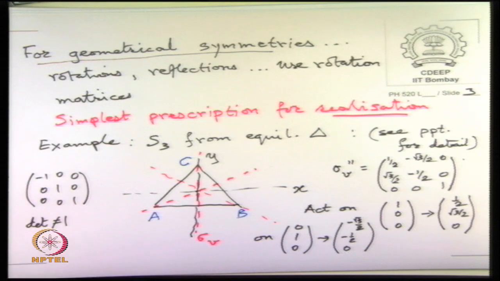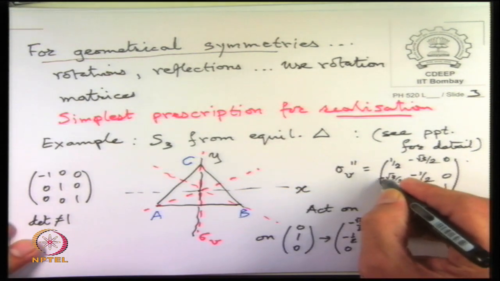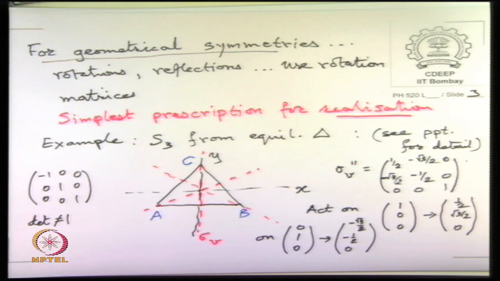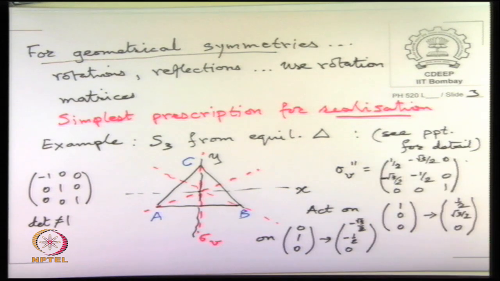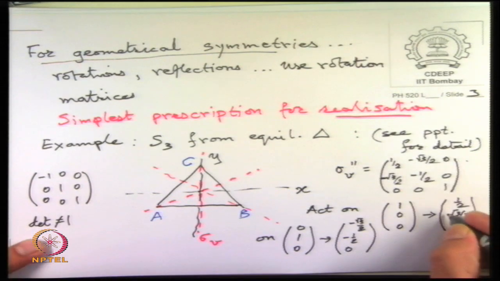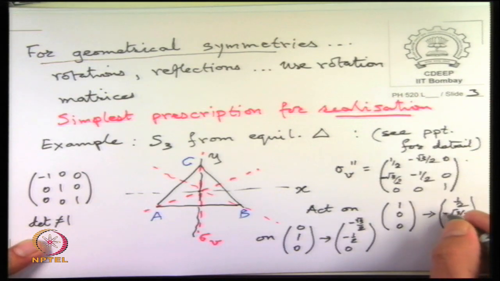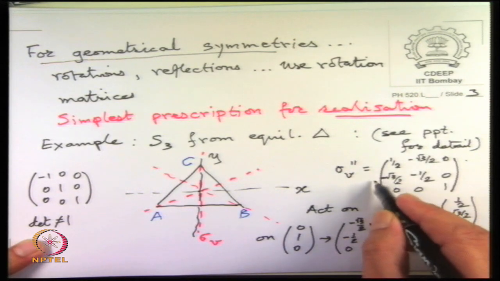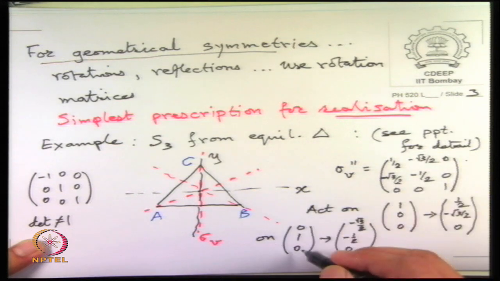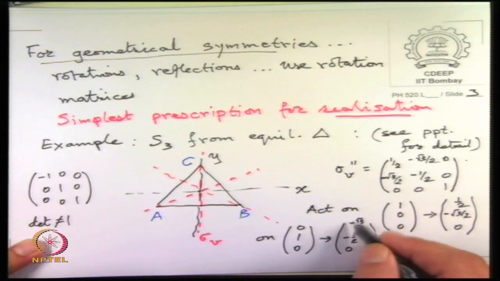Okay, let us see. So sigma v double prime has half and minus, this minus square root 3 by 2. Right, there is a minus sign there. So in this writing there is a minus sign here. This acting on this produces this and minus, and acting on this it produces, so this is correct.